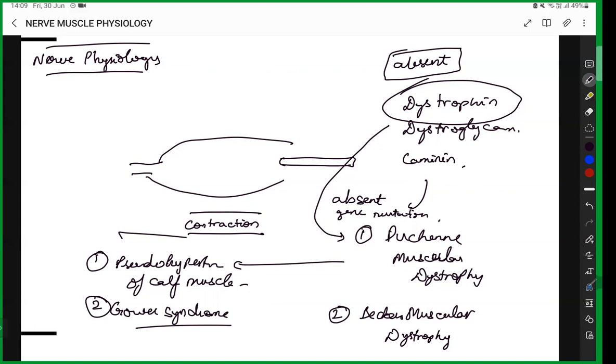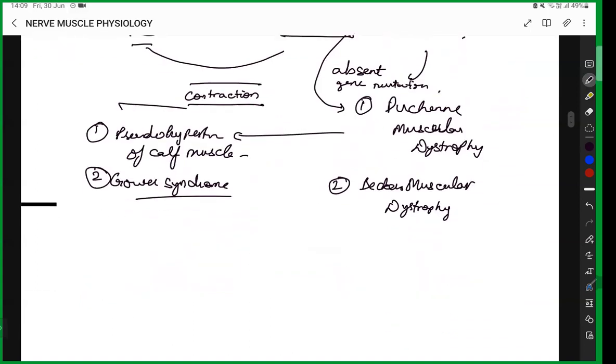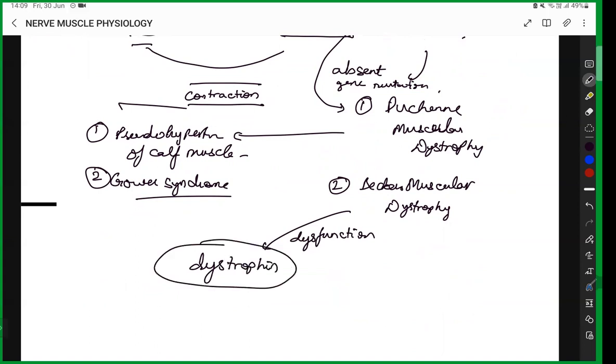Here also the same dystrophin gene is mutated, but it is not completely absent, there is a dysfunction. So instead of being absent, there is a dysfunction of the dystrophin gene. When there is a dysfunction of the dystrophin gene, you call it Becker's muscular dystrophy. Here there will be less severe symptoms.